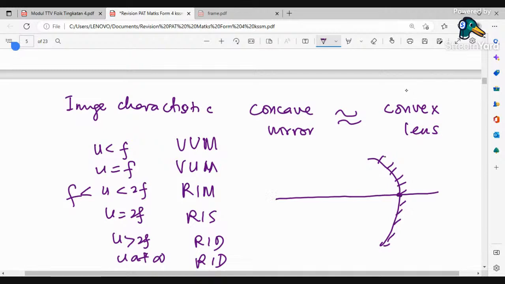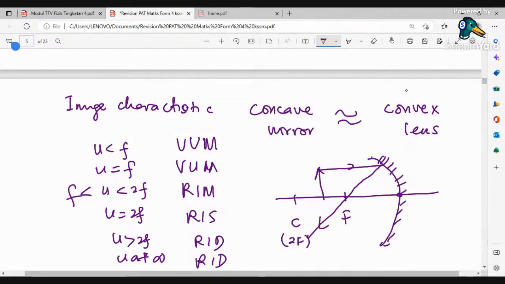So ini adalah center, this is concave. So let's say ini F, ini C. C ialah 2F actually. Okay, center of curvature. So if object here, let's say object here, okay, parallel to principal axis, converge to F. Dia macam ni sebab dia reflection.